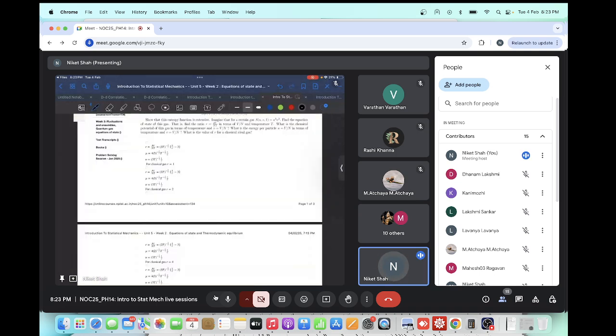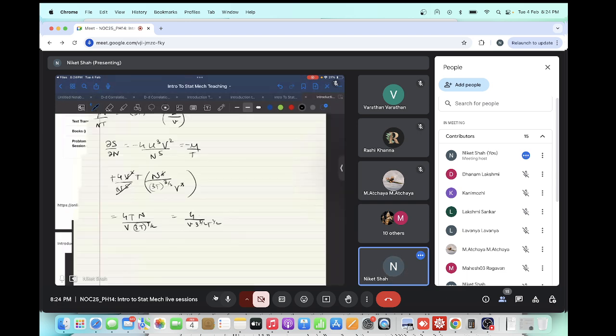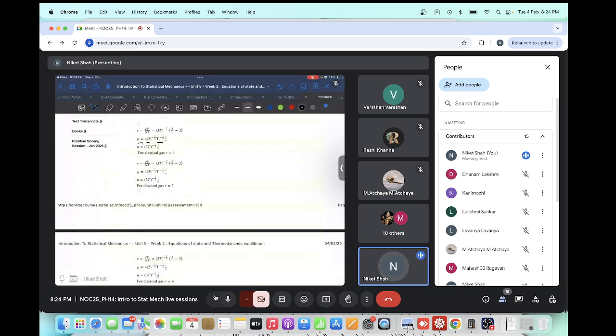So here if you see the options, 4 into 3 raised to power 4 divided by 3 raised to power 3 by 2 t raised to power 1 by 2, and there is 1 by v also. Yes, so we can see that this option matches.